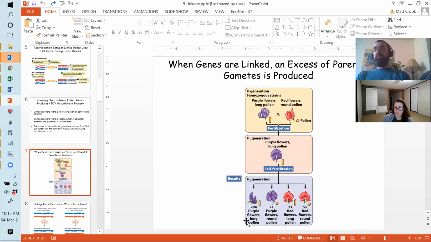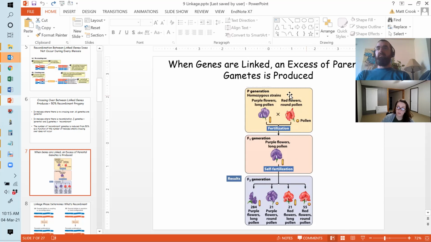So if you get the allele for purple flowers, you're much, much more likely to get the allele for long pollen, right? So these alleles are traveling all the way through this cross together into this parent. If you have an allele for round pollen, you're almost certainly going to have an allele for red flowers, right?